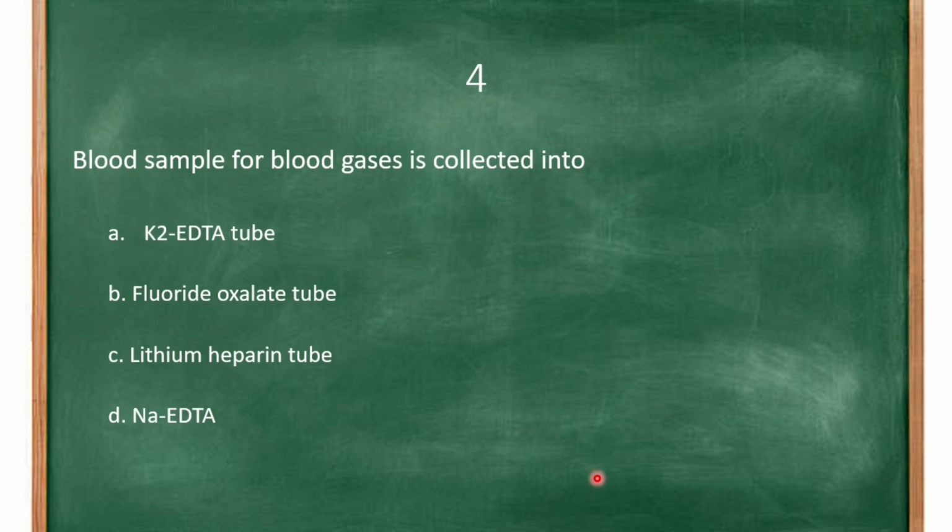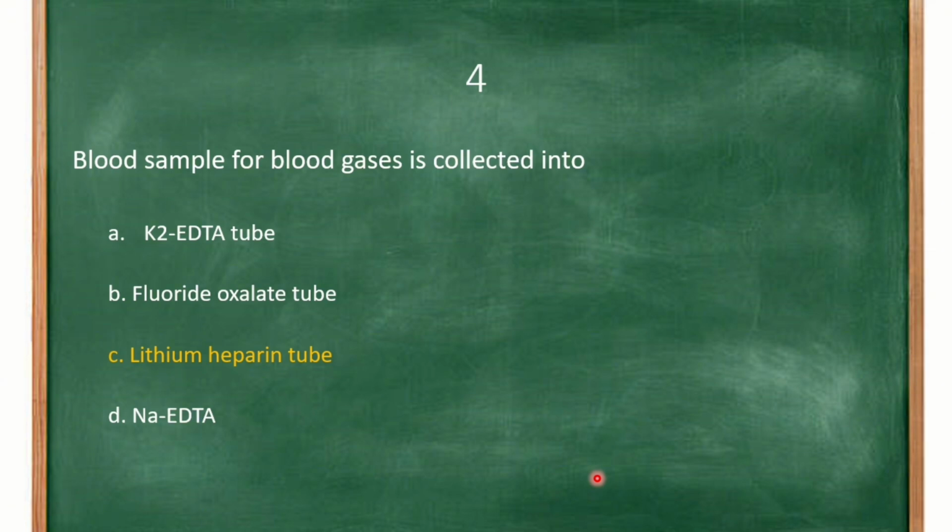Then question 4, it says that blood sample for blood gas is collected into A, dipotassium EDTA tube, B, fluoride oxalate tube, C, lithium heparin tube, and D, sodium EDTA tube. The correct answer is lithium heparin tube, because lithium heparin prevents coagulation of the blood and at the same time is able to preserve the blood gases.